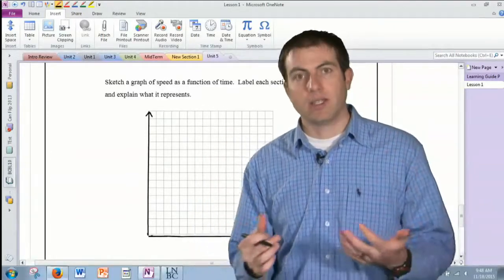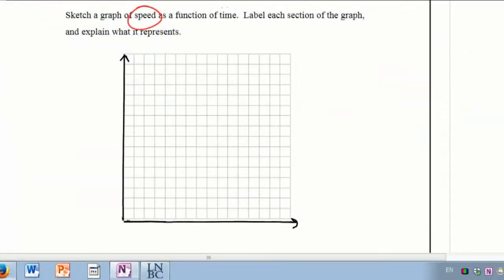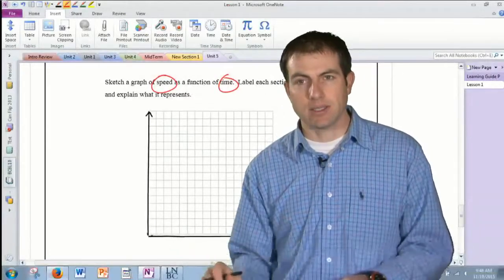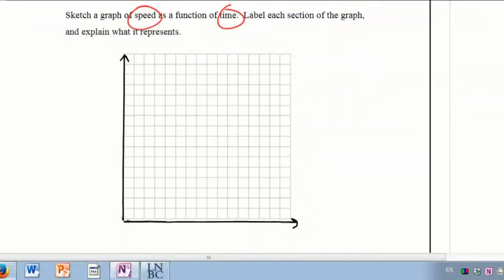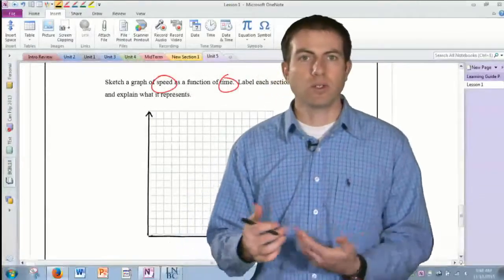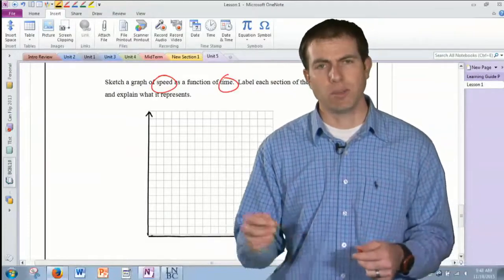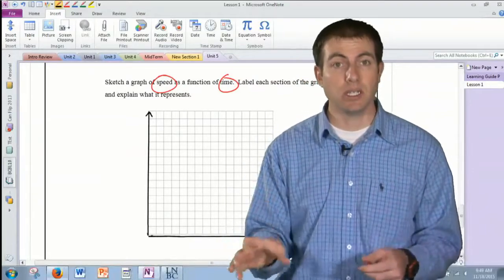We need to plot her speed as a function of time. Now, I said that almost always time will be on the x-axis, and that's going to be completely true here as well. So we're going to put time down on the bottom. And in this case, in the question, or I guess the little paragraph, what sort of times were we given? Should I put time in hours? Because units are very important. Should I put time in minutes, seconds, days, years, months?